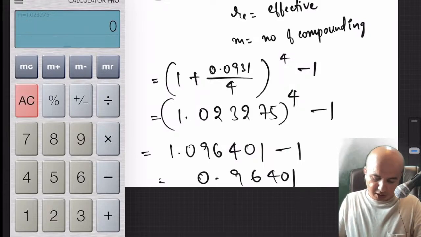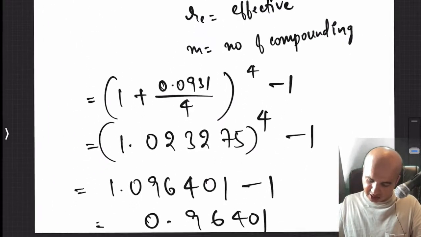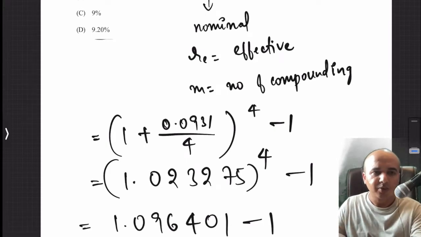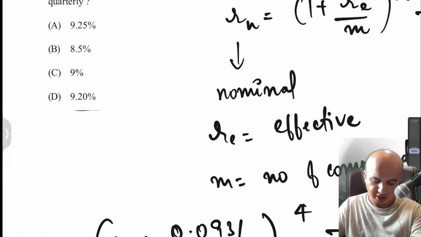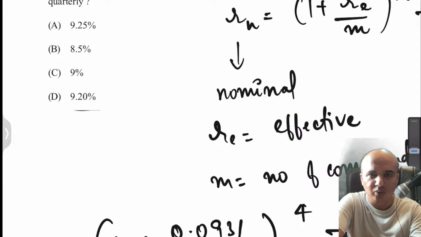So let us look at the options. Basically 0.9. So if you look at the options, we have 9.25, 8.5, 9 and 9.2. We don't have 9.6 here.